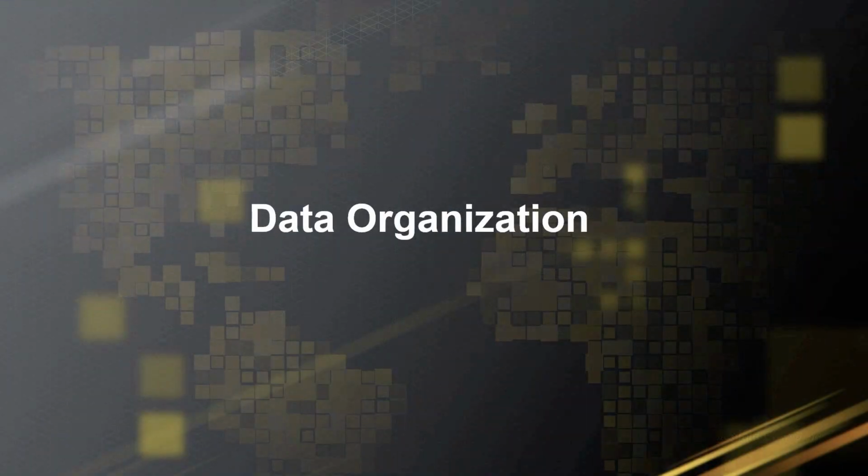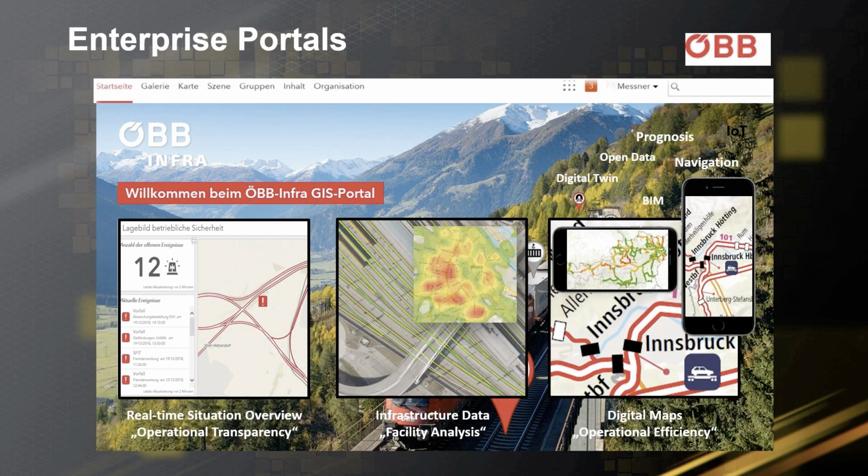One of the key areas that I'd like to start with is to speak a little bit about the way that you organize your data. As you'll see, that's critically important, because in many cases it's through these enterprise portals that you access the data and the maps and the apps that you need out in the field. Here's an example from OBB, which is the Austrian National Rail Agency.